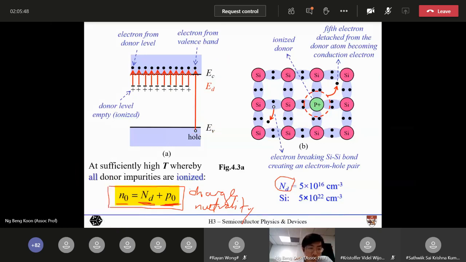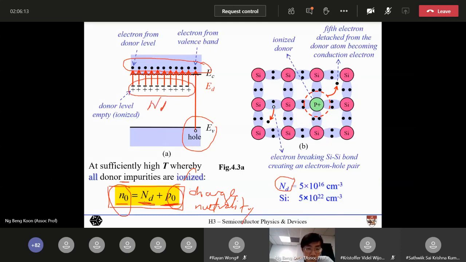If you think about it, the total number of negative charge, which are just the electrons, you have N0 number of negative charges, must be equal to the total number of positive charges. Positive charges will be made up of holes, that's one source of positive charge. And the other source is the ionized dopants, which is Nd as well.